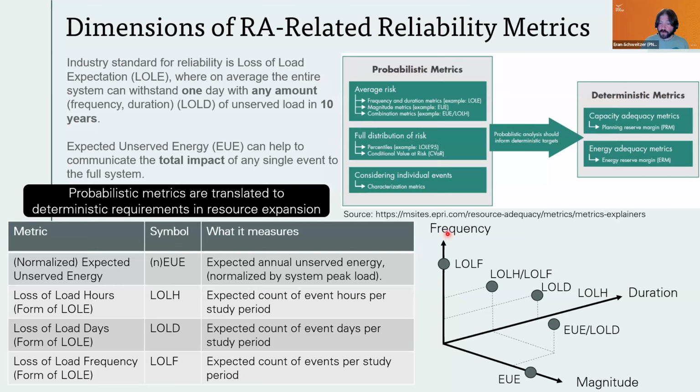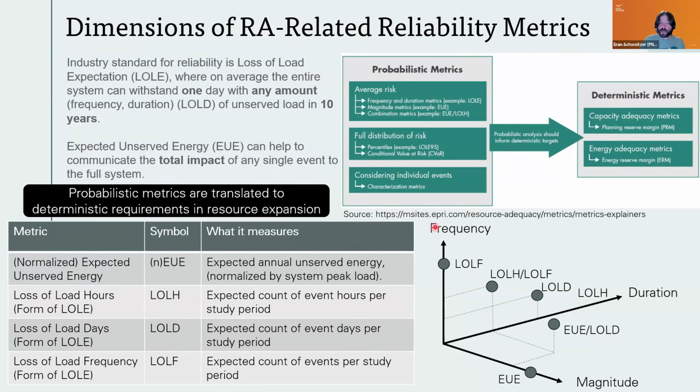We have the frequency axis, the magnitude axis, which is where the expected unserved energy is living, and the duration. And by combining some of these metrics, for example, taking the loss of load hours divided by the loss of load frequency, we can start to get a little bit more information. For example, if we take the expected unserved energy divided by the loss of load days, we have information along all three axes.